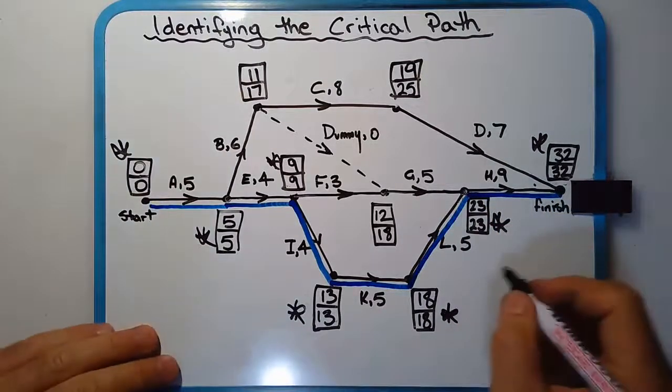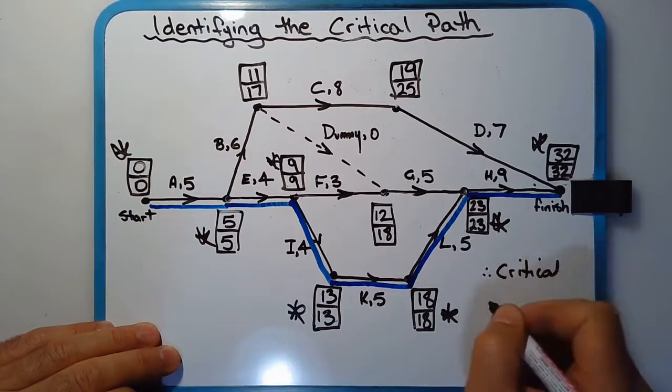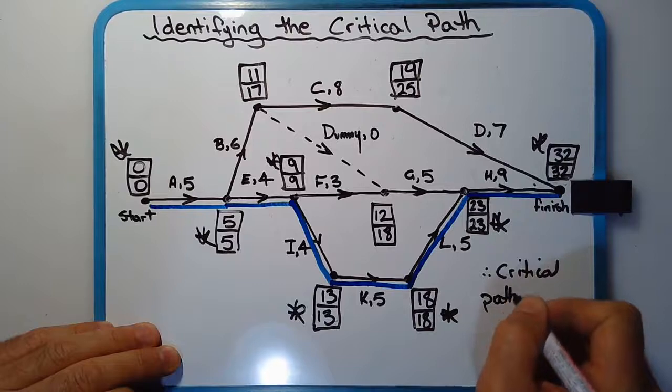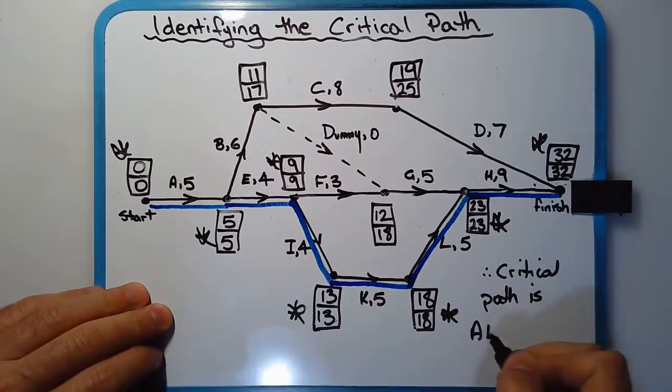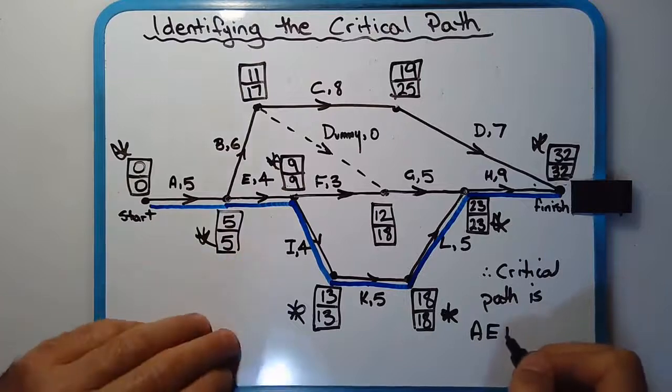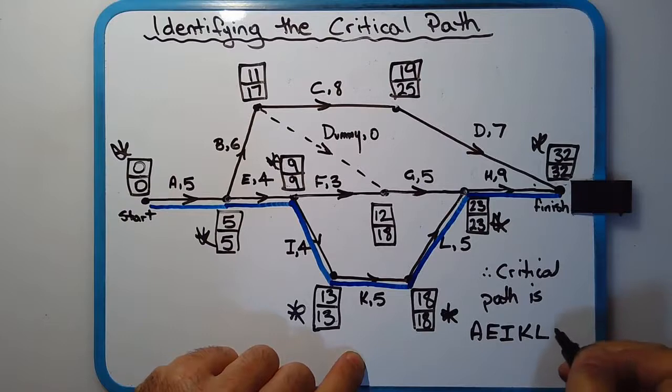So therefore, critical path. And we just list the activities. So we have A, E, I, K, L, and H.